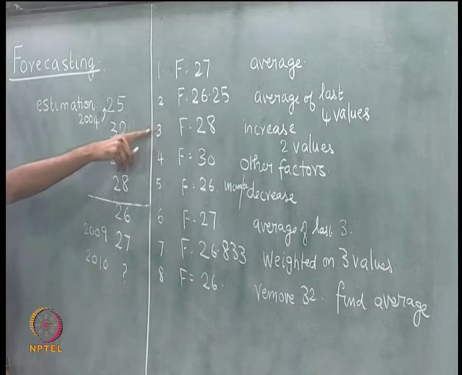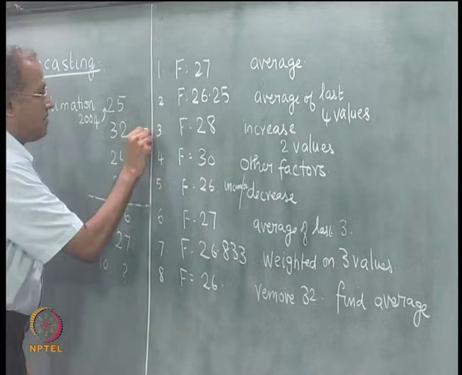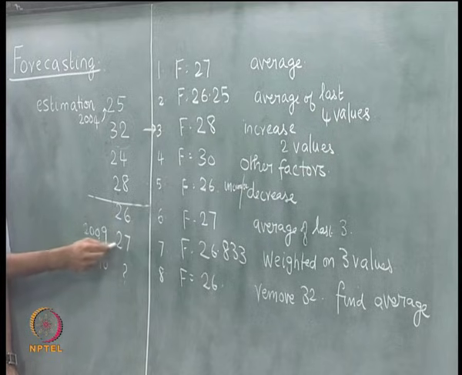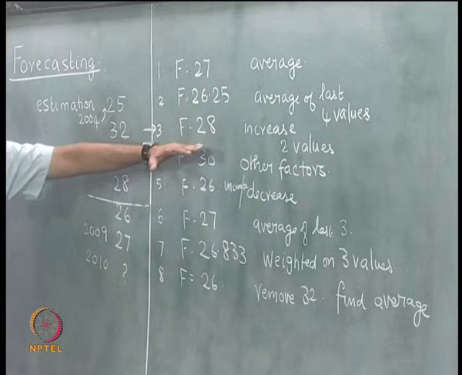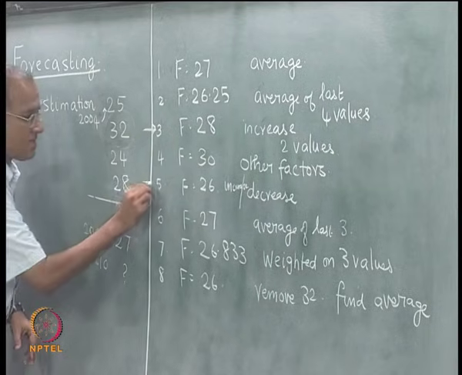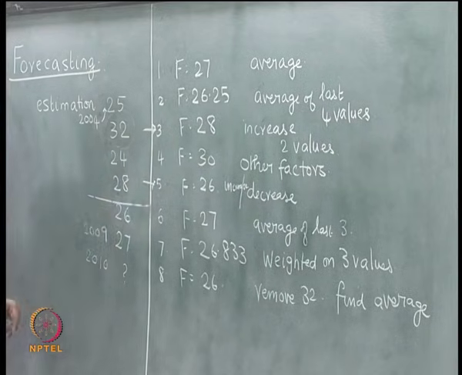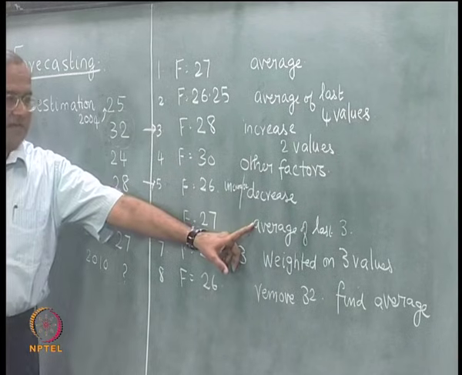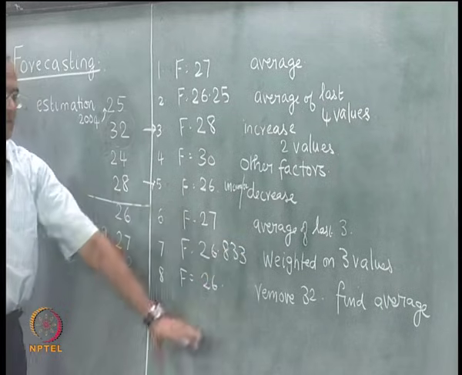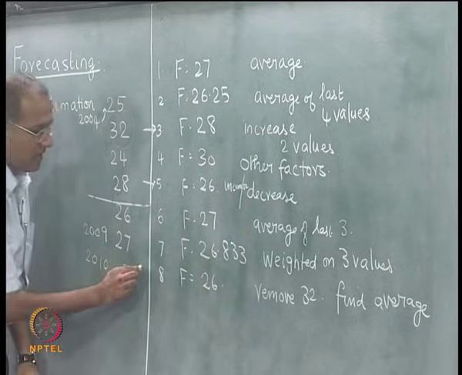This has a slightly different assumption that this is based on the increase that happens here. Here the person has considered other factors. Here also the person has considered an increase and decrease. This is based on the average. This is also based on some kind of a weighted average, and this removes the outlier.